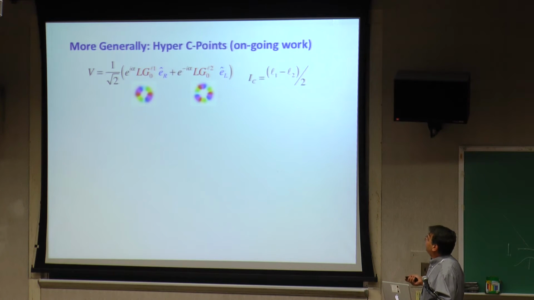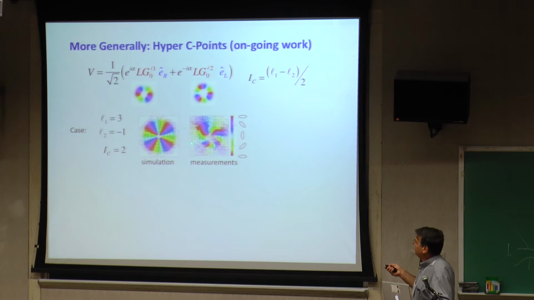And okay, but now more generally, you can combine Laguerre-Gauss with index L1 with another one of index L2, and so then the rotation index for the semi-major axis of the ellipse can be really arbitrary, depends on L1 and L2. So for example, you can do L1 is 3, L2 is 1, and then you get an index of 2. You can't see this very well, but you get like a little flower pattern.